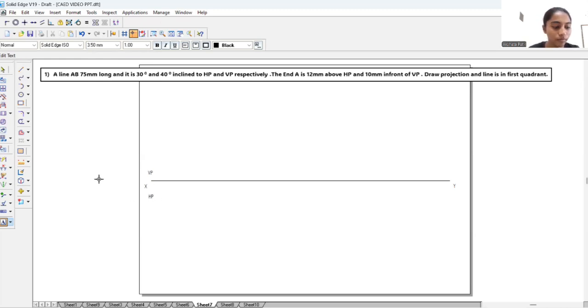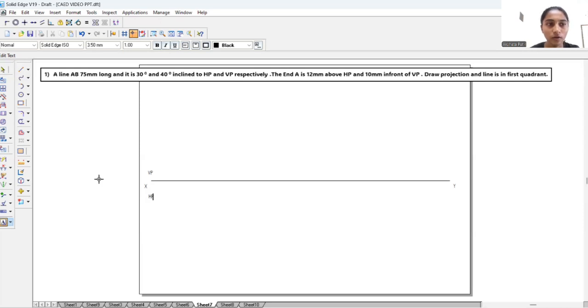So in the question, the true length is given as 75 mm and its inclination with HP and VP is 30 degrees and 45 degrees. Here A is 12 mm above HP and 10 mm in front of VP.